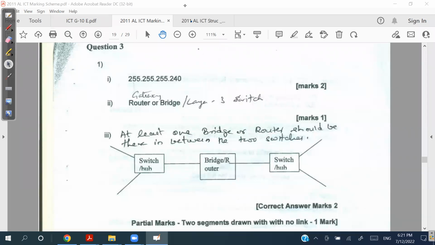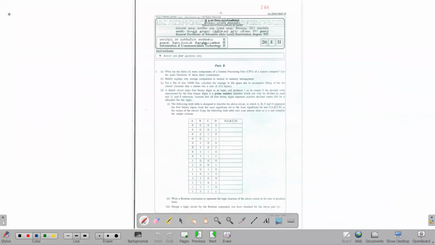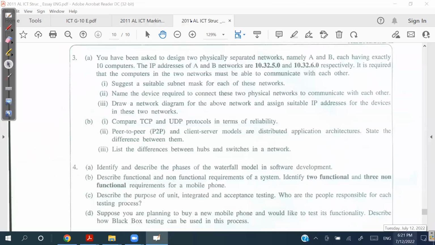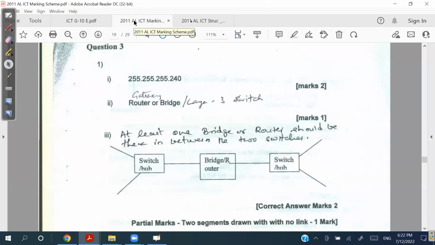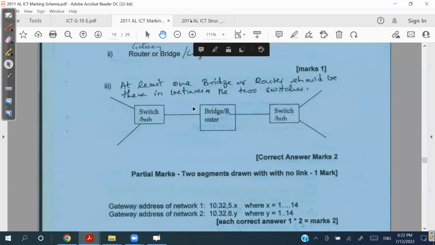Right, so then after the third one, it is talking about drawing the network diagram. Draw network diagram for above network and assign suitable IP addresses for the devices in these two networks. Right, so here bridge is not a very suitable one, people.